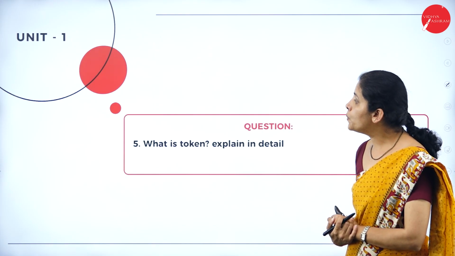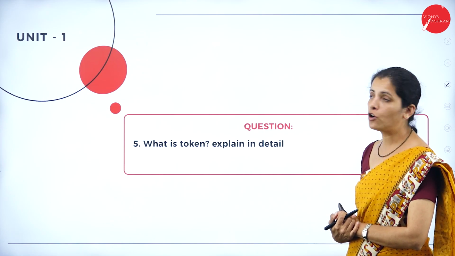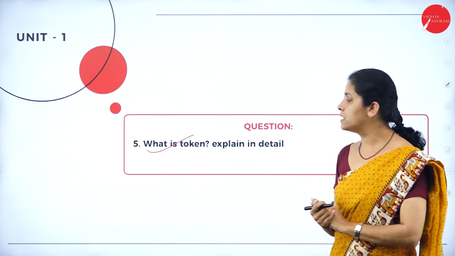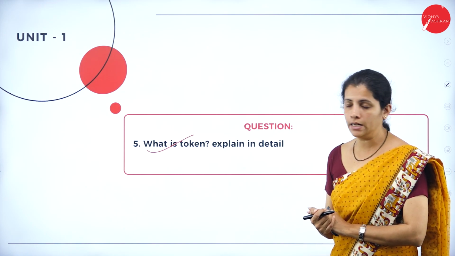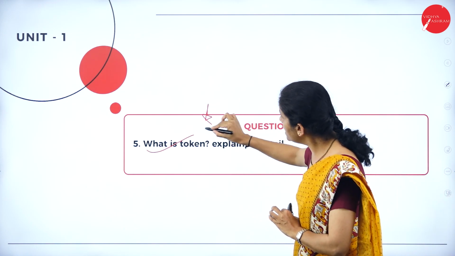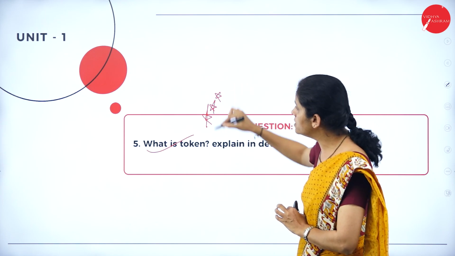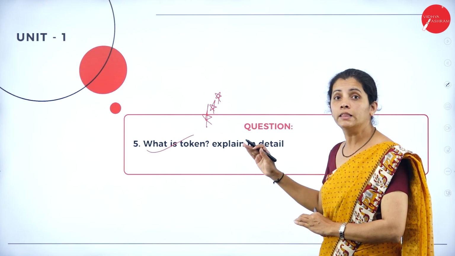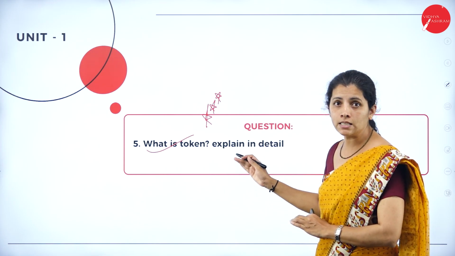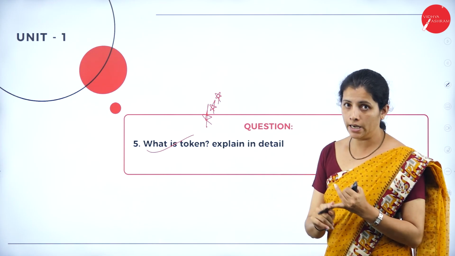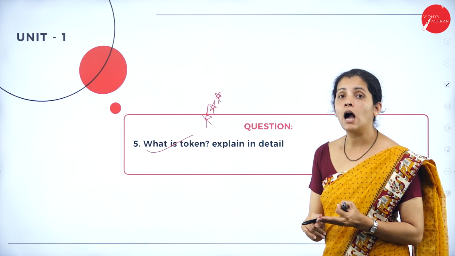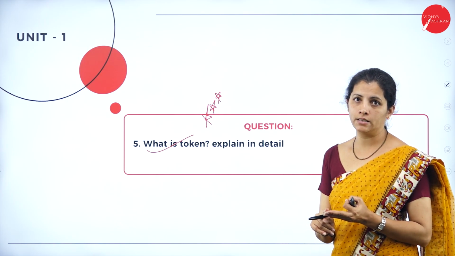Another very important question from Unit 1 is, what is token? Explain in detail. So dear student, please study this question properly. If you study this question properly, then you will be able to answer questions like data types, variables, identifiers, and constants.